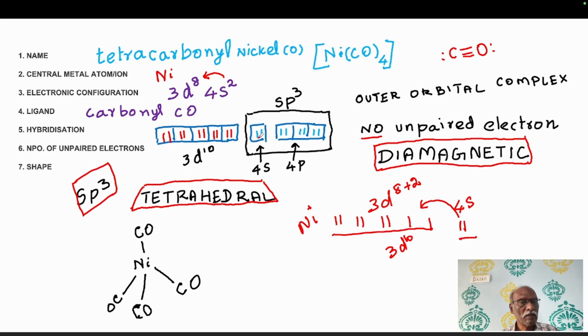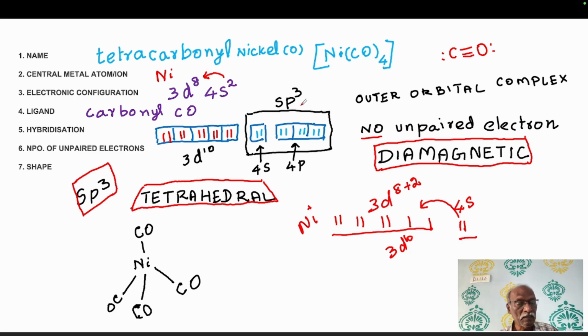The s orbital is vacant, the p orbitals are all vacant, and then 4 CO groups donate 1 pair of electrons each to these 4 orbitals, and these 4 orbitals mix together and form a new set of orbitals called sp3 orbitals.